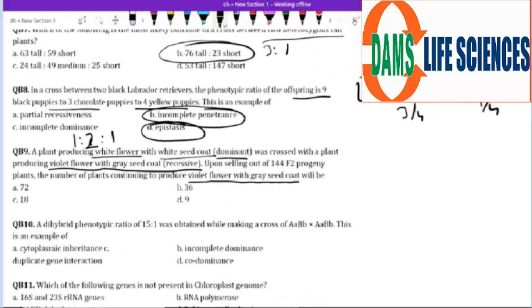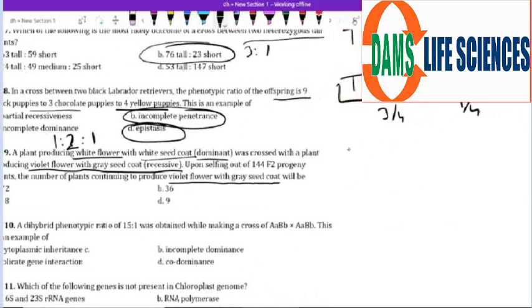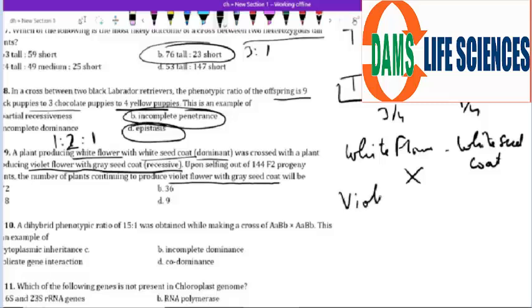So if we see this question, we are crossing a white flower and white seed coat plant with a violet flower and gray seed coat plant. This is dominant for both, this is recessive for both. Let's write them in terms of symbols instead of writing the whole thing.